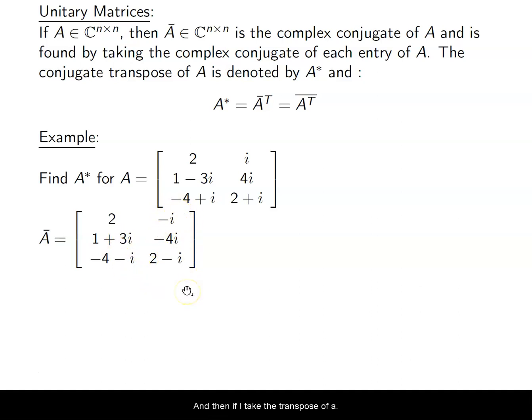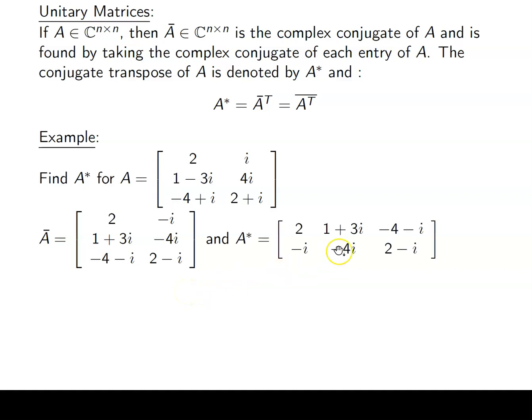Then if I take the transpose of that, that is my A star. I change the signs on the imaginaries, and then I flip it about its major diagonal. Or you can think of it as the first row turning into the first column, the next row into the next column, the last row into the last column, in case you forgot how to transpose. So that's what we have.